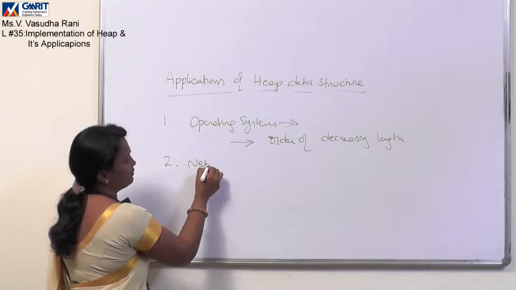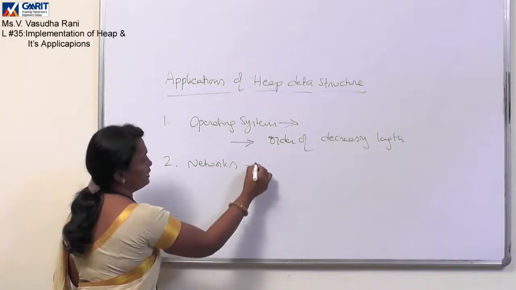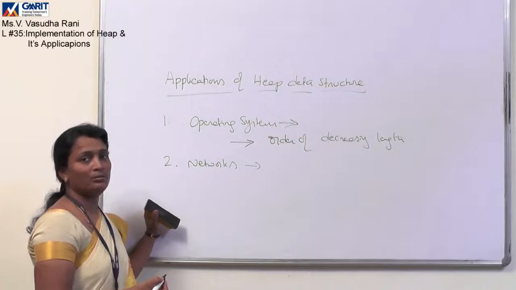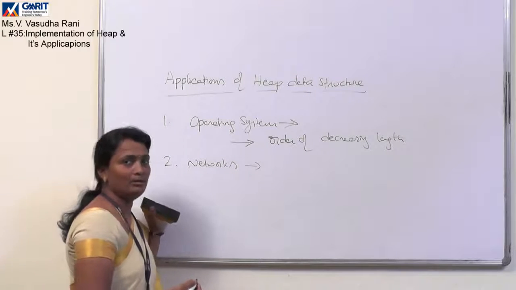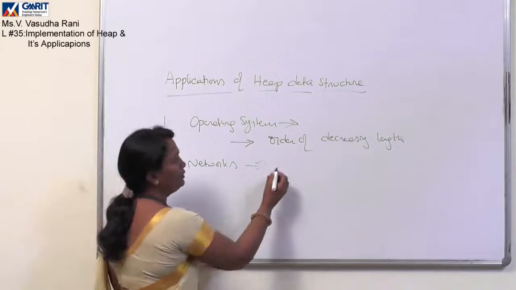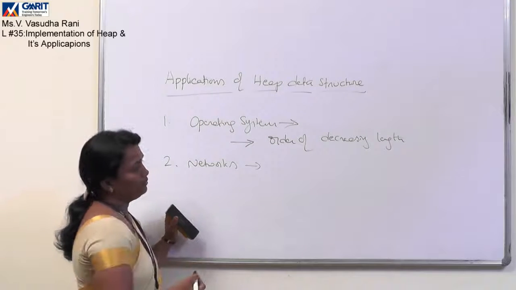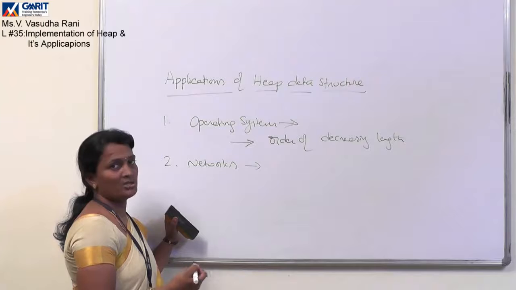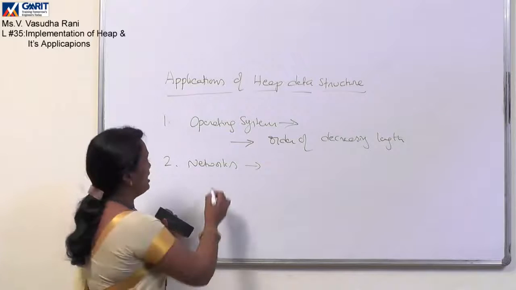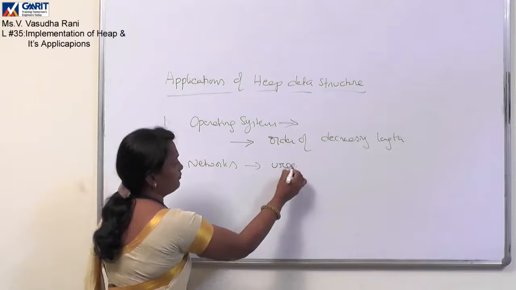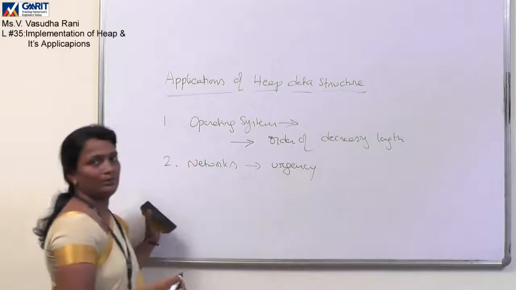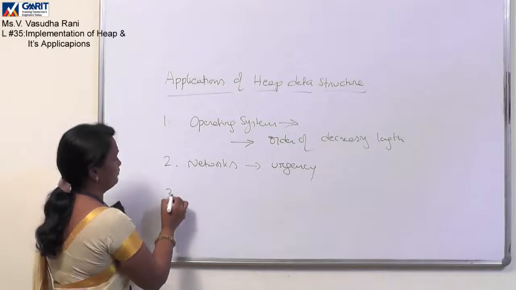And in networks, while routing or forwarding the packets, if you want to order the packets in terms of urgency, then you can go for heap data structure.